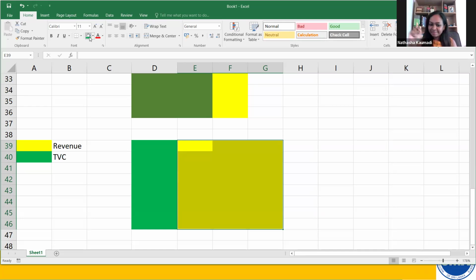Think again. This total yellow color area was revenue. From revenue, we removed total variable cost. Total revenue minus total variable cost. Now, what is this remaining yellow color area?